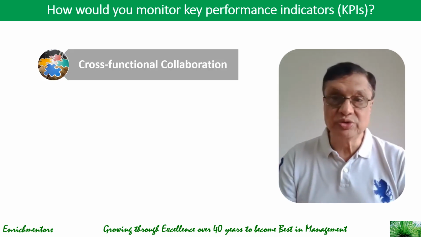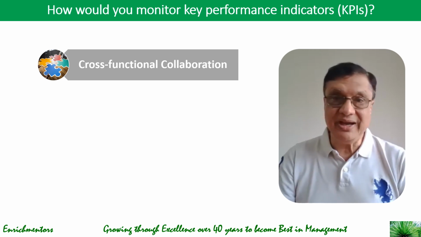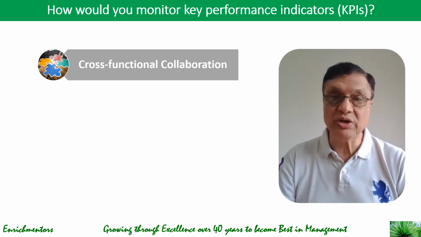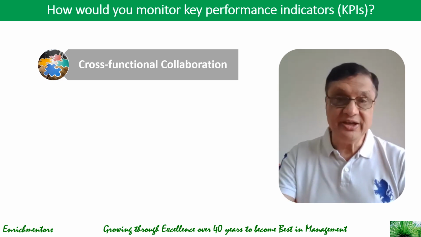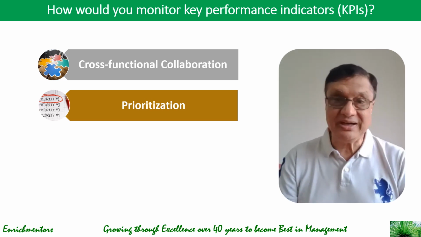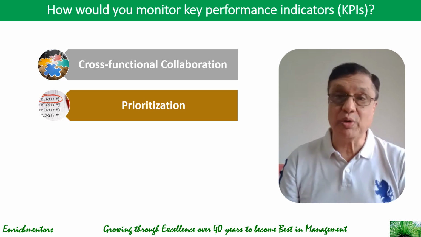This includes your developers, designers, marketers, and customer support to interpret the KPI data and generate improvement ideas. So from the KPI, you need to go on to identifying what to do. And then you prioritize improvement initiatives based on the impact they are likely to make on the KPI. Focus on changes that align with your product strategy and have high potential for positive outcomes.